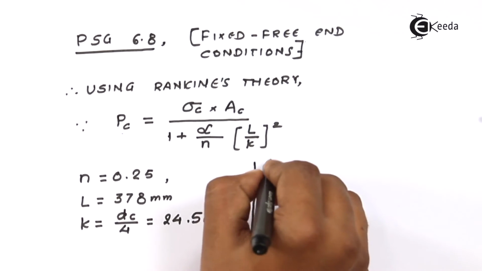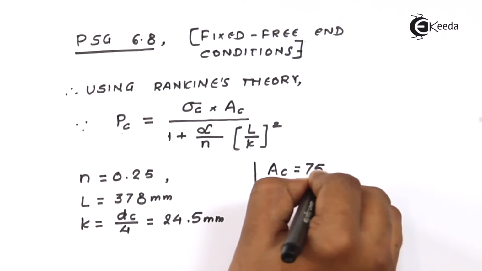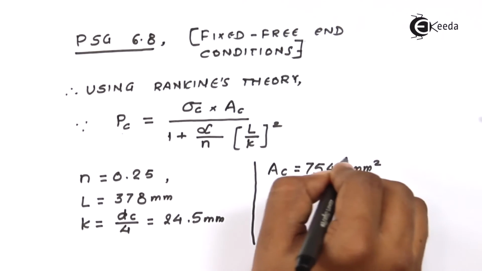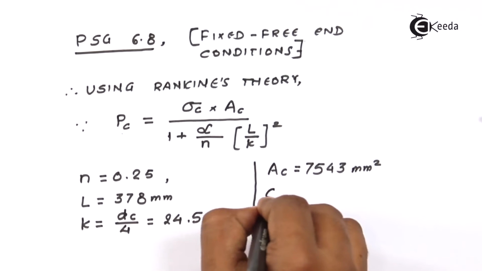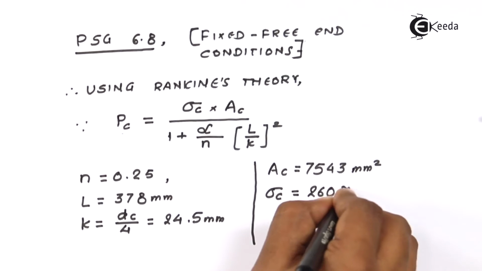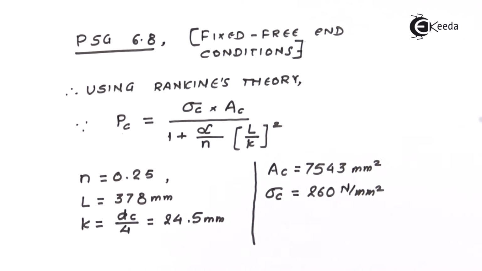There comes another factor, the core area, which was 7543 millimeter square. We already have figured out this dimension in the first step. And sigma compressive is 260 Newton per millimeter square for the material of the screw. Now we know that ductile materials always have compressive strength slightly greater than the tensile strength.